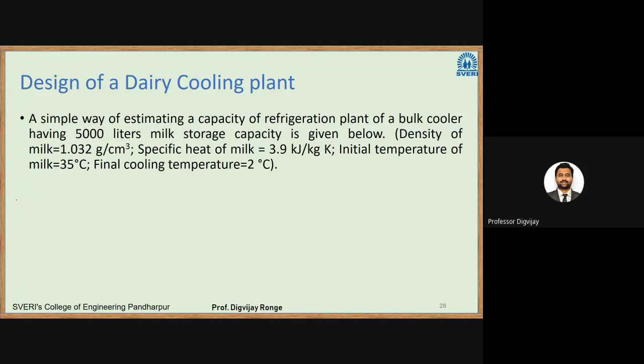Yogesh Pandit. I'm just asking for your ideas, how we can solve this example. Let it be wrong, but at least I expect you to apply your knowledge of refrigeration while calculating the capacity of this dairy cooling plant.